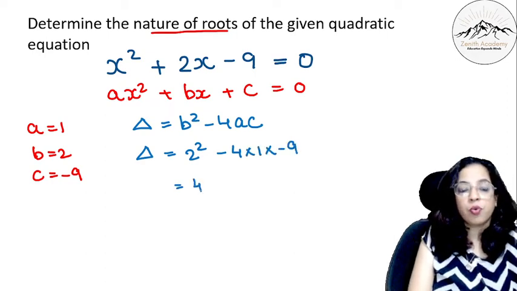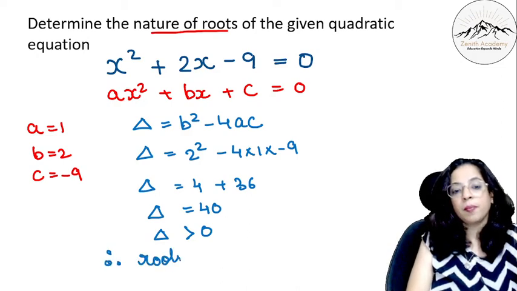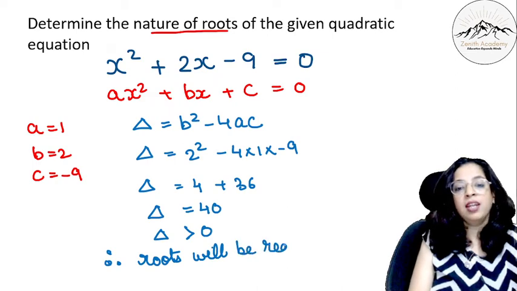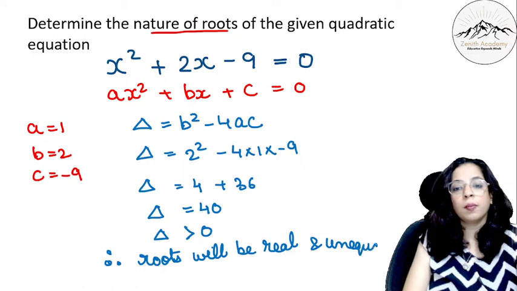So it is 4 plus 36. So discriminant is equal to 40. Now 40 is more than 0. Therefore roots will be real, and since it is more than 0, it will be real and unequal or distinct.